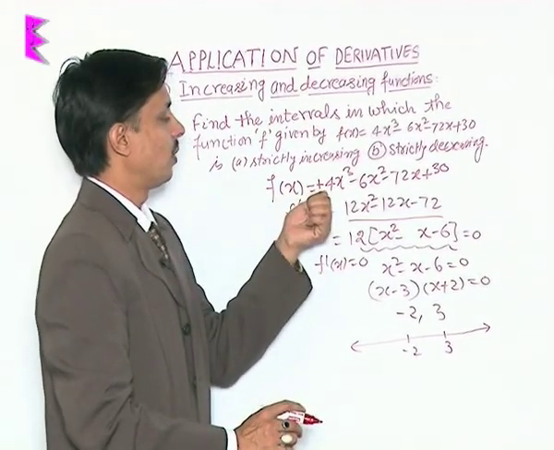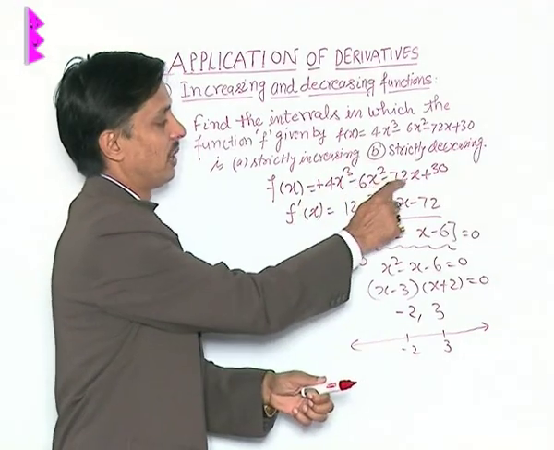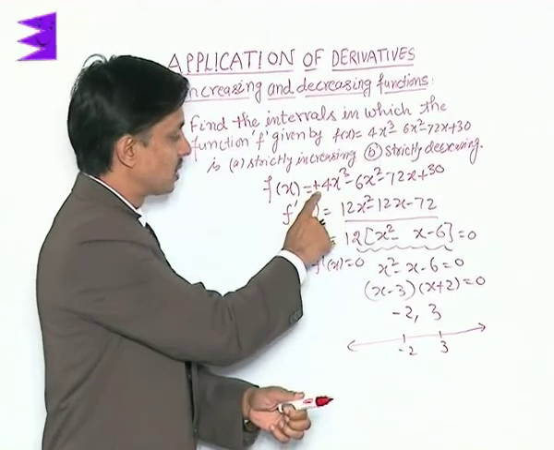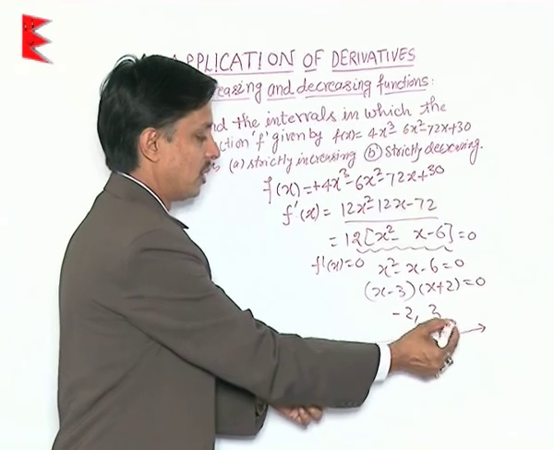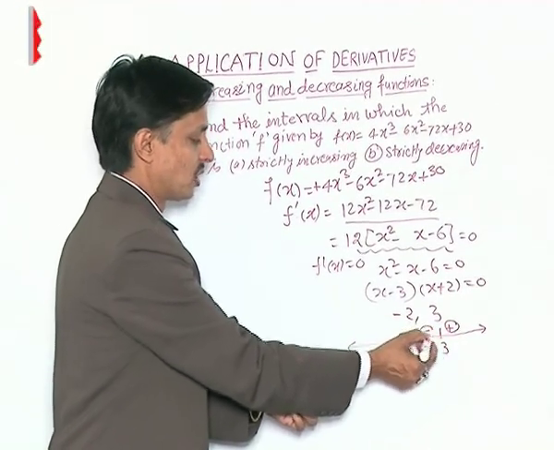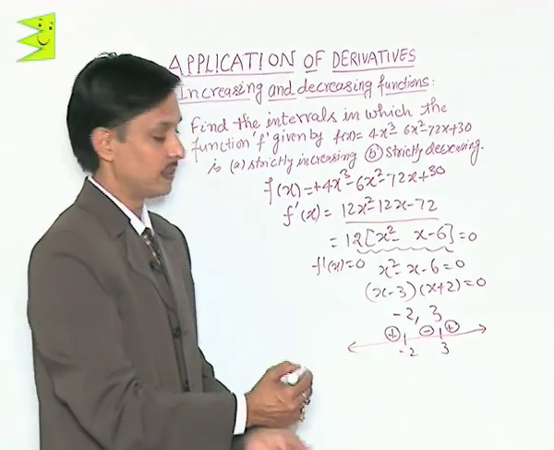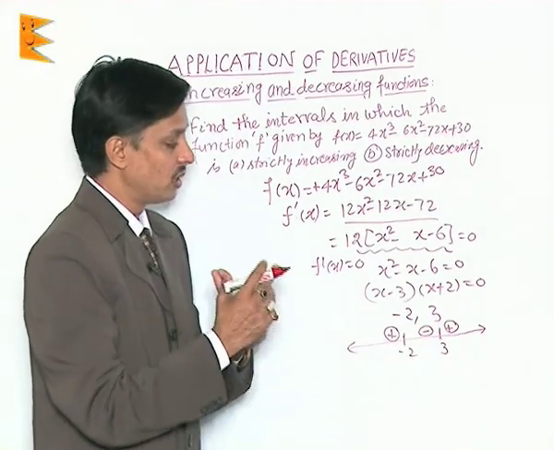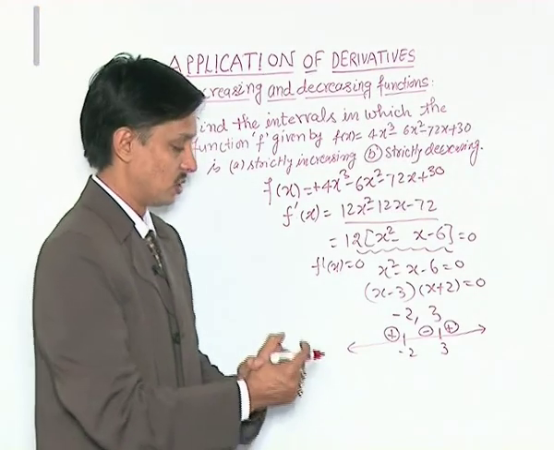The function is f(x) = 4x^3 - 6x^2 - 72x + 30. The degree is 3. Its sign is positive. So we will take the positive sign here. Then after this critical point, we change the sign to minus, and after the next it will be plus. So plus, minus and plus. The plus zone is for increasing and the minus zone is for decreasing.